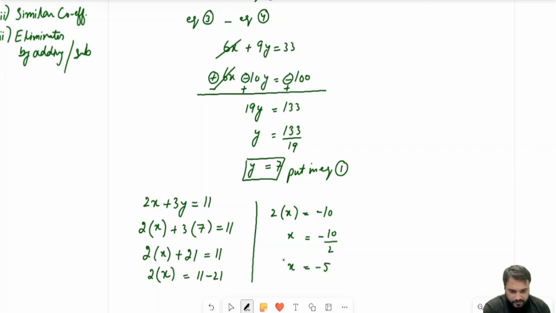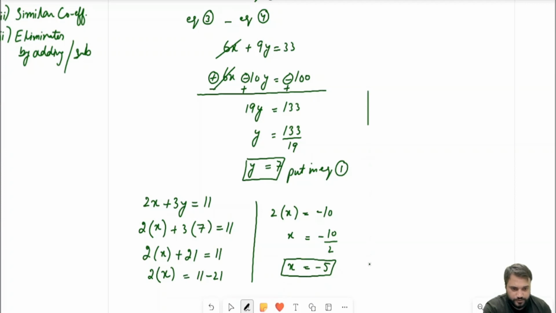This is our answer. But how can we say that these are correct or not? That is, y is equal to 7, is it correct or not? We need to verify it. This will be our last step. You can use a calculator to check whether these values are a part of the solution set or not.